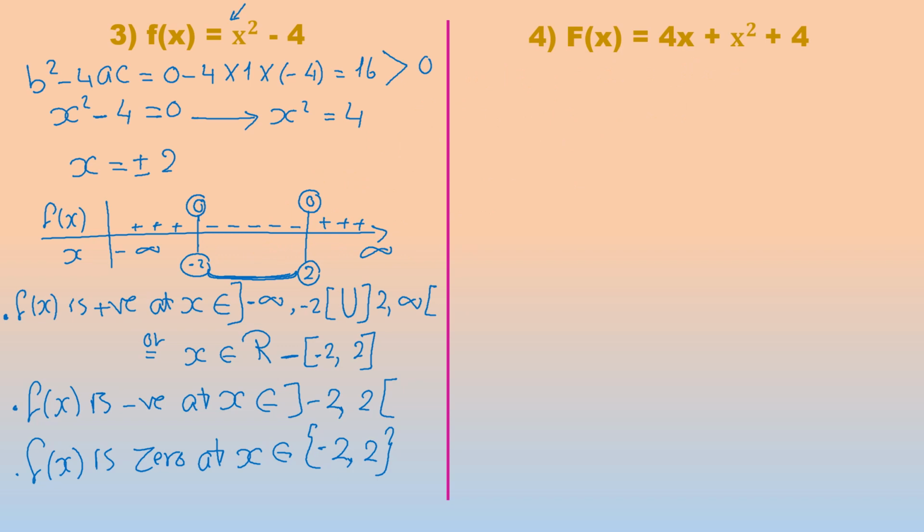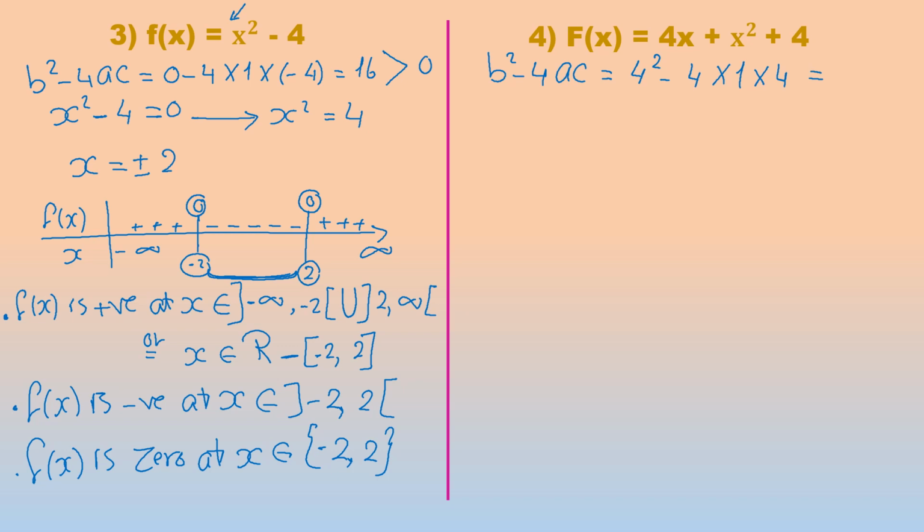Another example, it's a quadratic equation, so we will find the discriminant. b power 2 minus 4ac equals 4 power 2 minus 4 times 1, because the coefficient of x power 2 is 1, times c, which is 4.